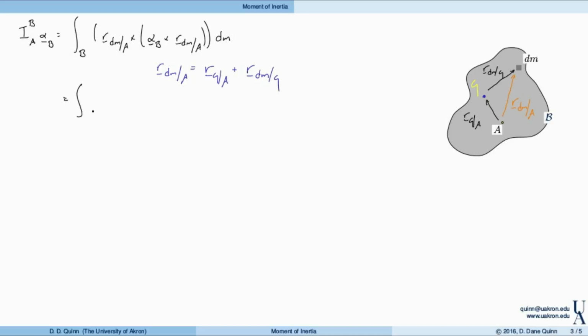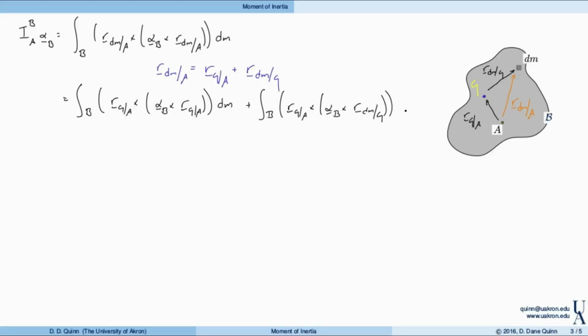And when we do that, we end up with four terms. We have one term that essentially comes from GA, so it's r of GA cross alpha cross r of GA. We get another term that looks like r of G with respect to A cross alpha cross r of dm with respect to G. Right, so that's this term and this part of the equation.